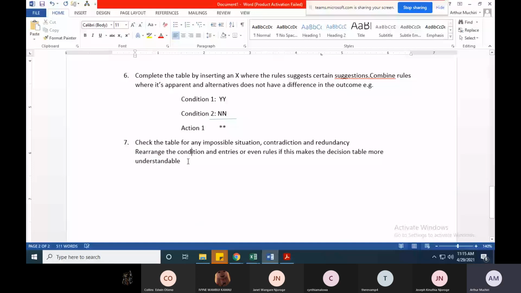So that's all. Those are the steps that you follow when you are designing a decision table. So now I think we can go to examples. We can look at several examples before we call it a class of how you can draw a decision table.